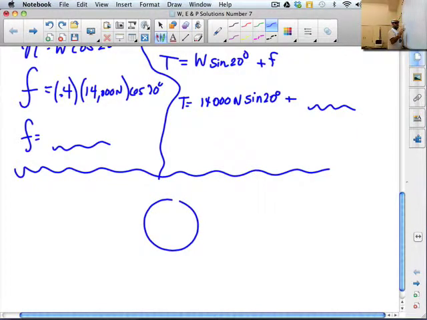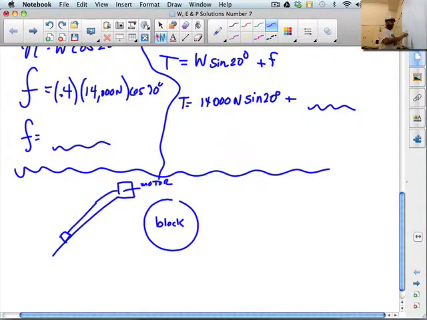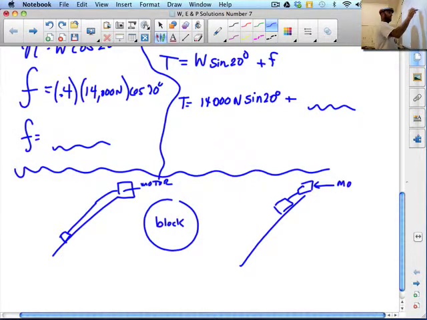So I'll put block, and it's connected to a rope. And then let's say this is a motor right here. That's the motor. It's moving with constant velocity.